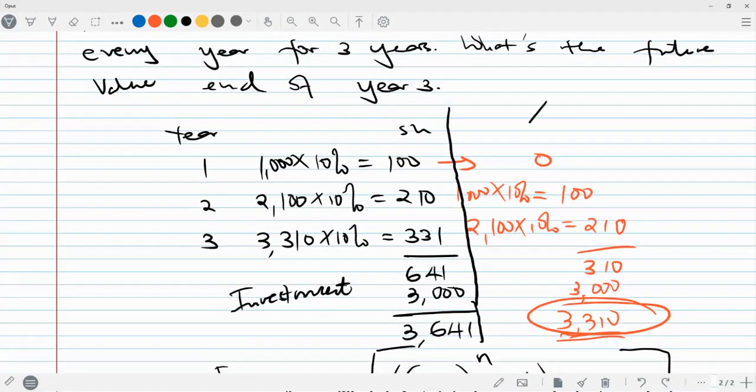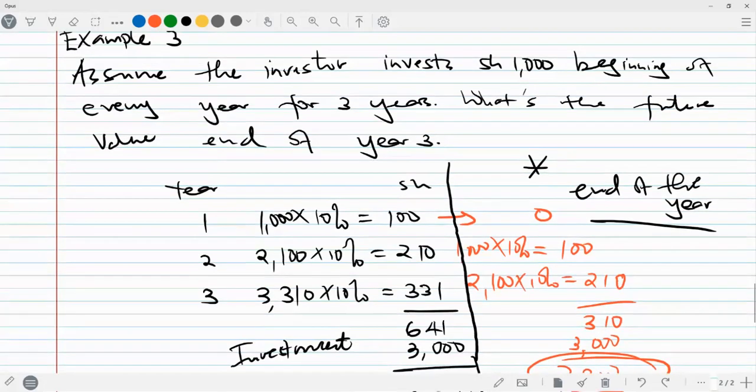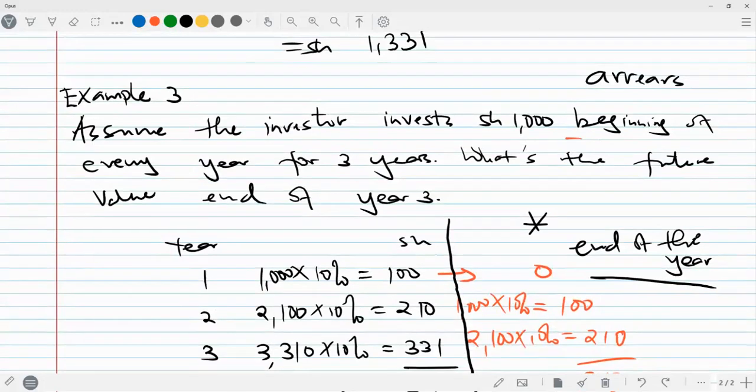So this analysis here was what if the cash was occurring at the end of the year. This is what I wanted us to do first, because this one you add on what you already know. Either way, this is how you get the future value of cash invested at the end of the year. But the question was asking us to get the beginning of the year. You see the difference?